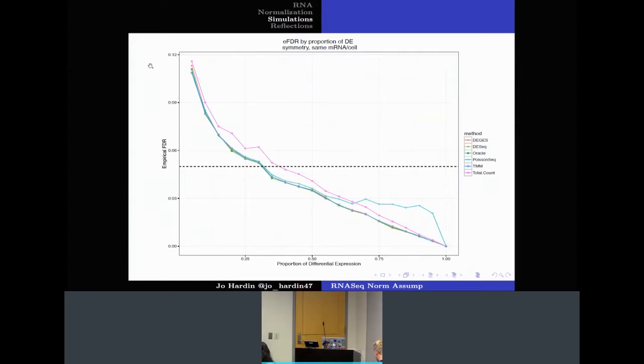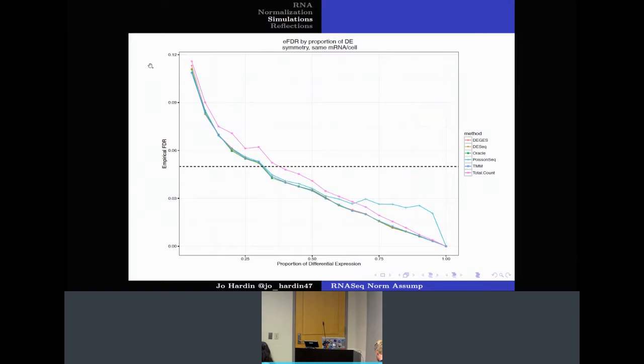If I come along here to my x-axis and say 50%, that means what I have is 25% up, 50% not differentially expressed, and 25% down. So that 75, 25%, 50, 50% was a percent of the percent of differentially expressed genes. I don't know if that makes sense, but by the end here, we have 100% of our genes differentially expressed, so we should have 0 false discoveries.